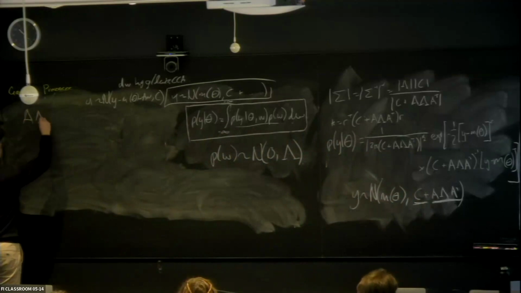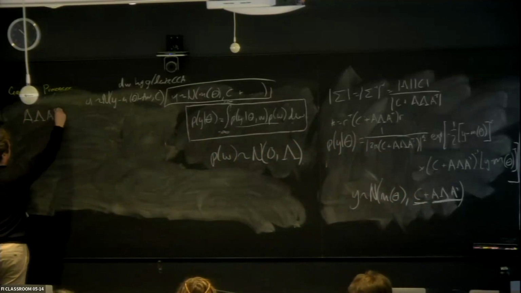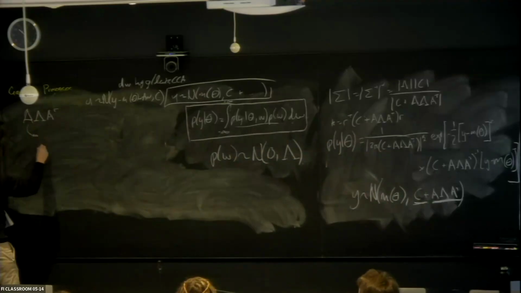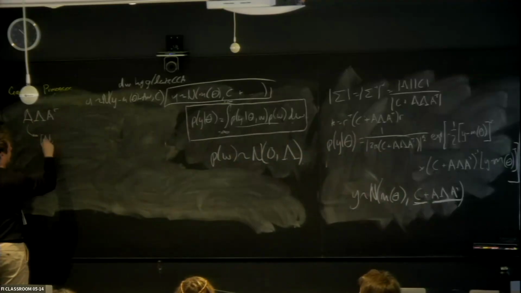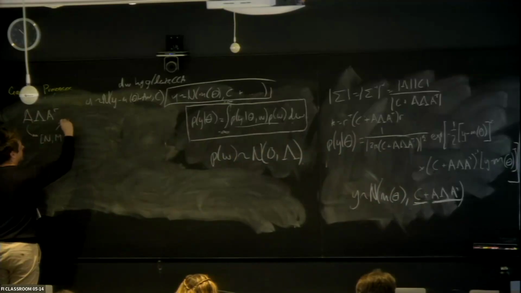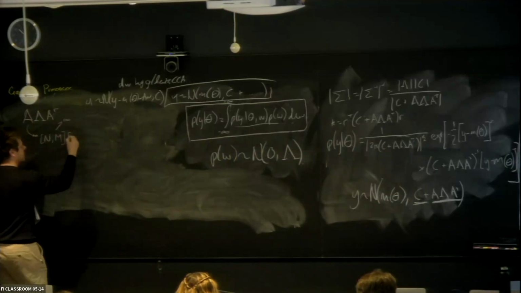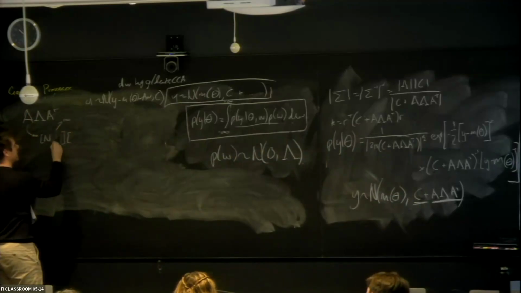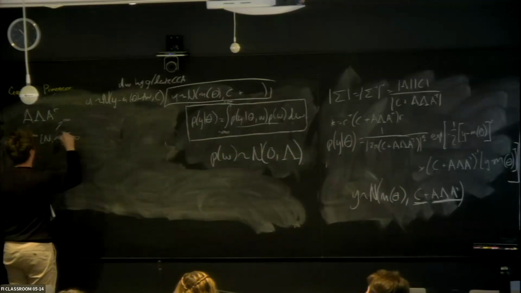So we have A lambda A transpose, right? Just to be clear, A has shape N by M, which I'll just call M, but M is really like infinity.